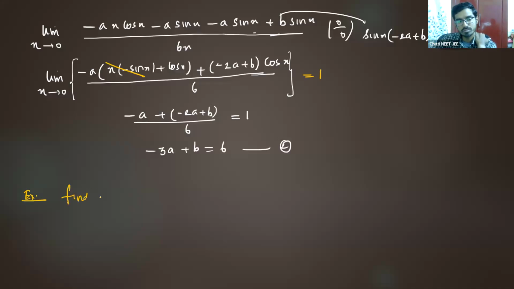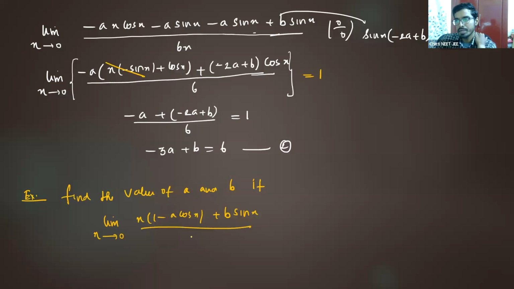Find the values of a and b if limit x tending to 0, x into 1 minus a cos x, same question, plus b sin x whole divided by x cube is equal to 1 by 3.